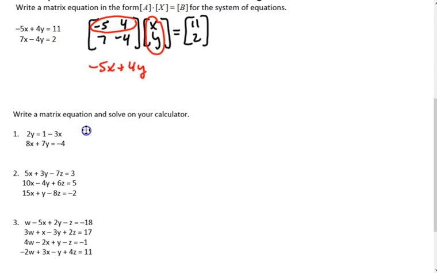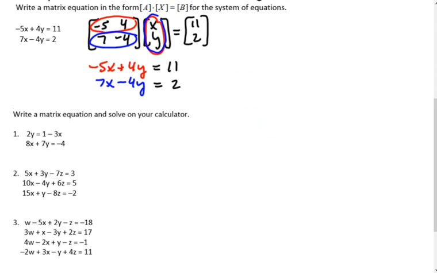And then 7, -4 times xy would give me 7x minus 4y. And then since these two matrices multiplied together are equal to this matrix, then this is just 11, 2. So this is equal to 11, this is equal to 2. So that's how setting up the matrix system works.